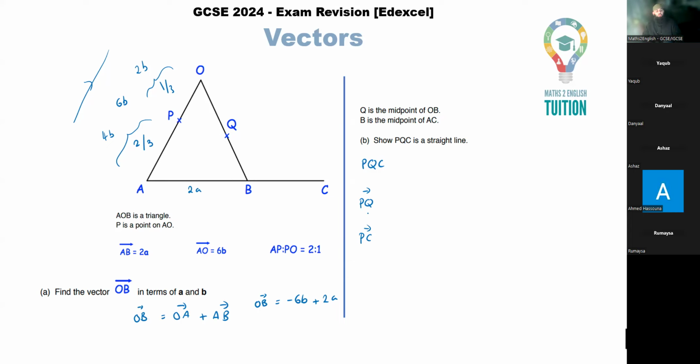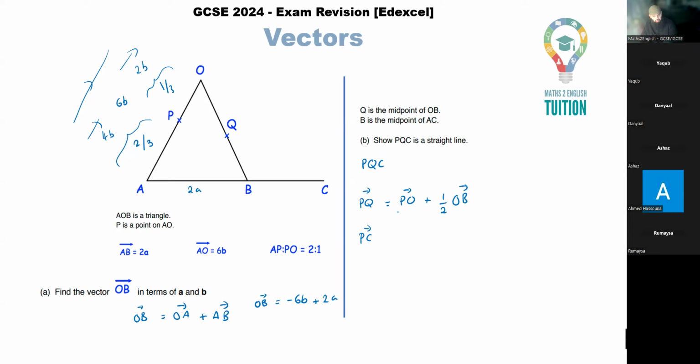So P to Q is quite straightforward. If I want to go from P to O, P to Q is P to O first and foremost. And then from P to O, I'm going to work out half O to B. That's the first one.